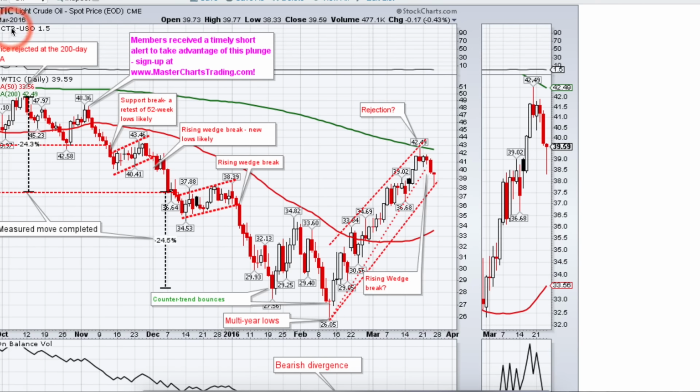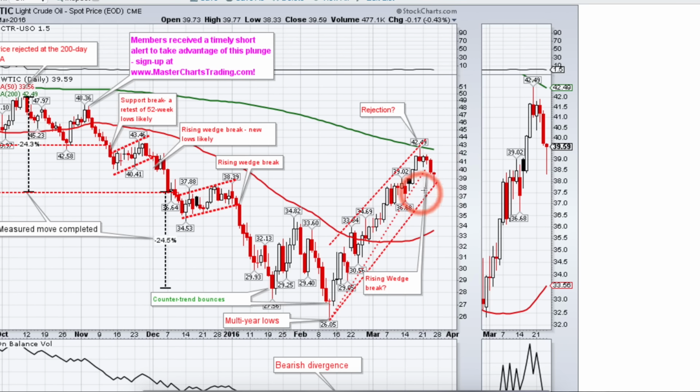Okay, this is West Texas Intermediate light crude oil spot price daily chart, going back 6 months. Here we have multi-year lows in mid-February, and then a rally off those lows in the form of a potential rising wedge. Again, as with the S&P 500, I really have trouble drawing in the pattern the way the robots will see it.